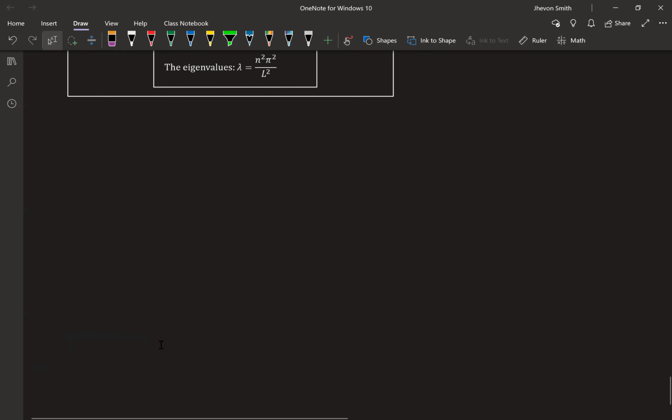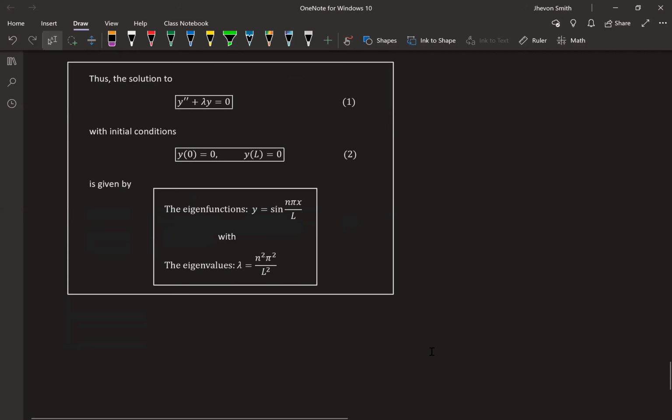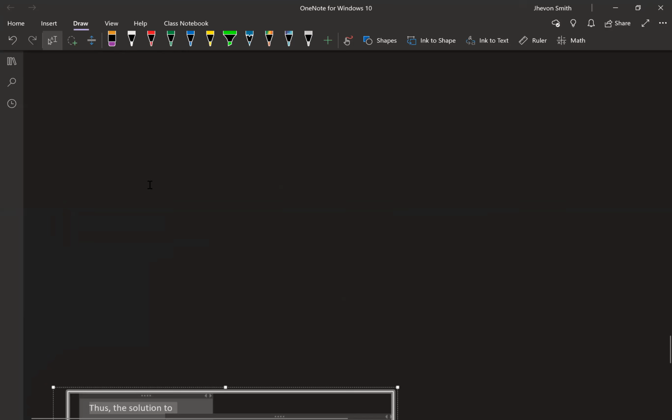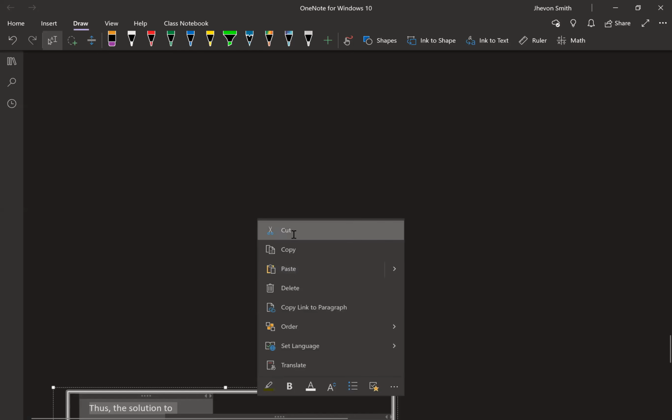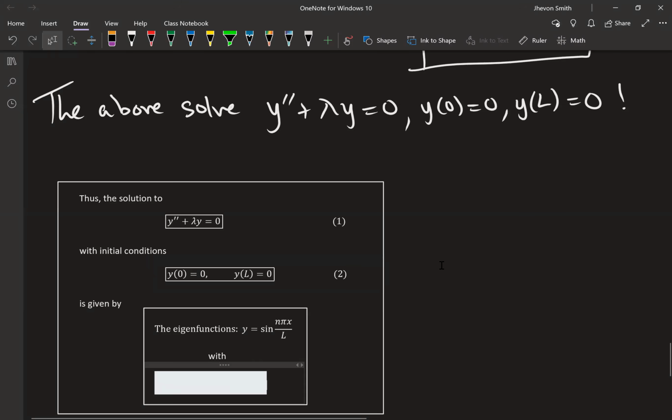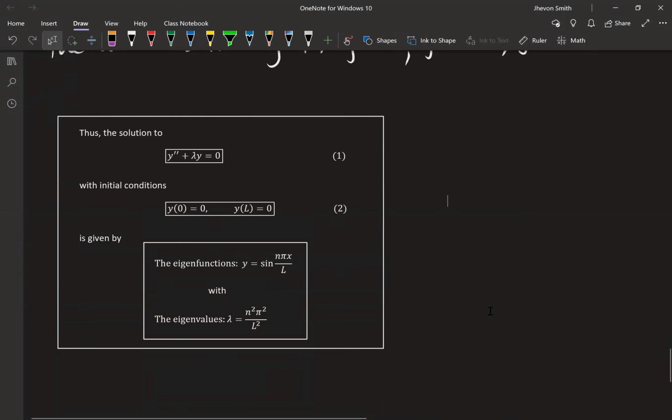Now, oh, it's actually written nicer here. I forgot that I actually typed this up for you guys. If you've ever had trouble reading my bad handwriting, you can take a picture of that. So this is the summary of what we've just discovered.